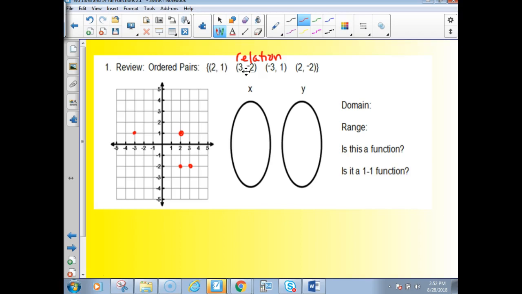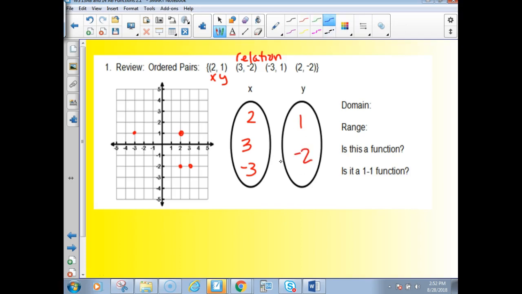The x values are 2, 3, negative 3, and 2. Typically, we'd only write them down once. So you've got 2, 3, and negative 3. In the y values, remember all points are x comma y, you've got 1, negative 2, 1, negative 2. So you only have 1 and negative 2.